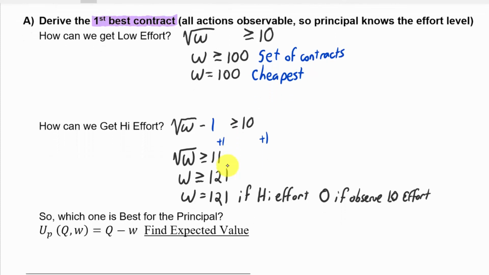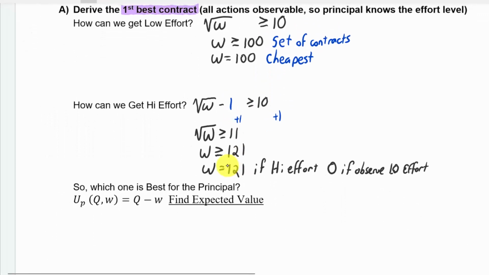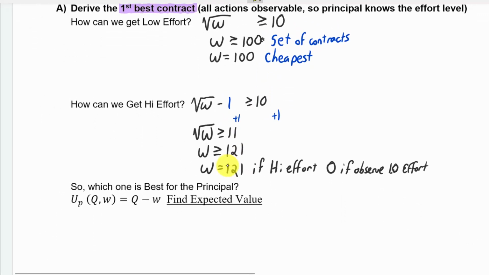So now comes the important third question. Remember, step 1 was to derive the set of contracts that would provide a certain level of effort, then figure out the cheapest way to ensure those levels of effort. And now the last step in the 3-step method is to figure out for this principal which one they want: high effort or low effort.